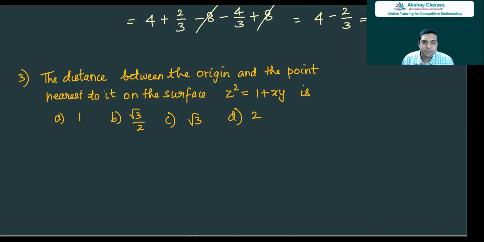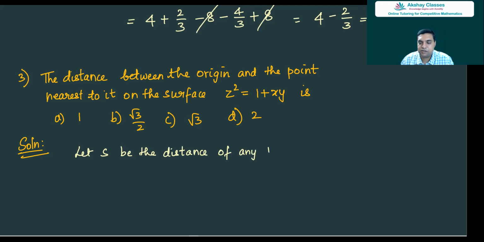So what is to be minimized? The distance between origin and any point on this surface has to be minimized. So let S be the distance of any point (x, y, z) from origin.